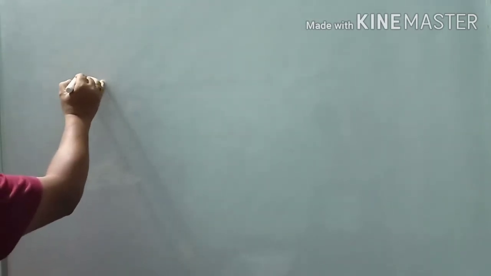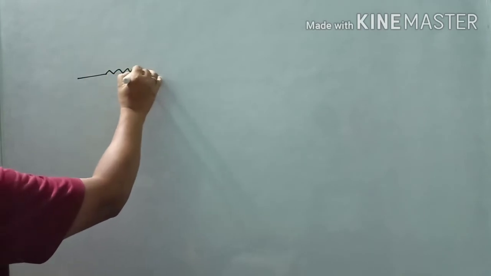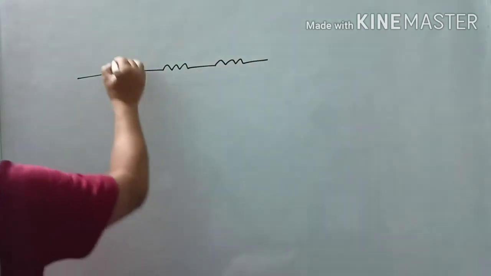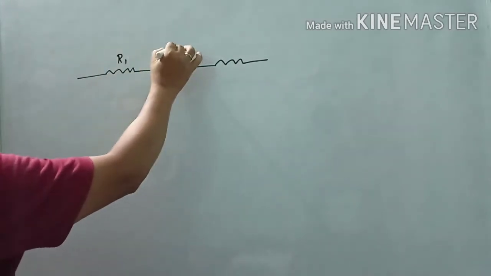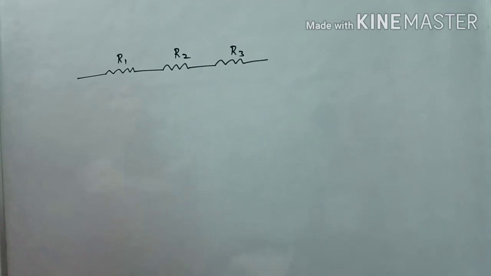You know, if resistances are connected in this way, suppose R1, R2, R3, these are the three resistors connected in series.